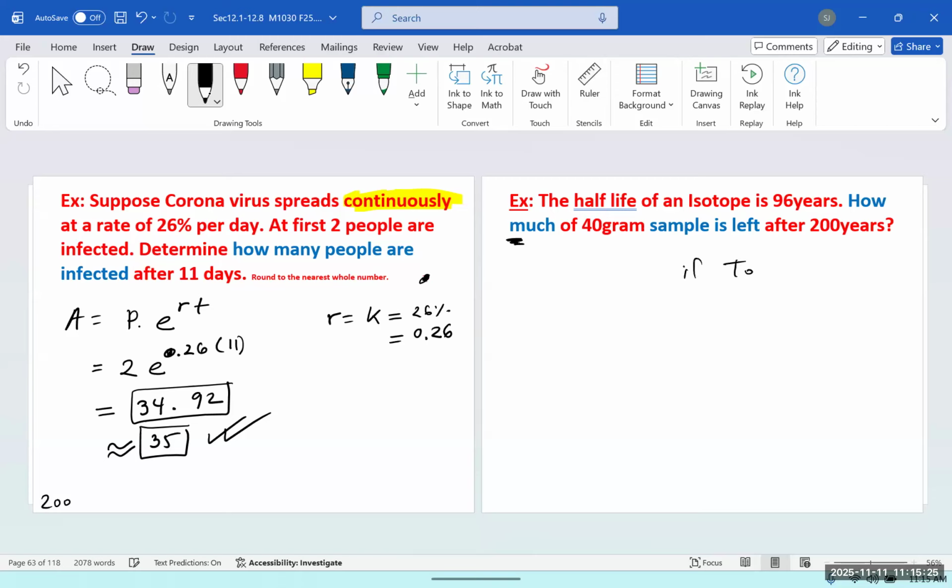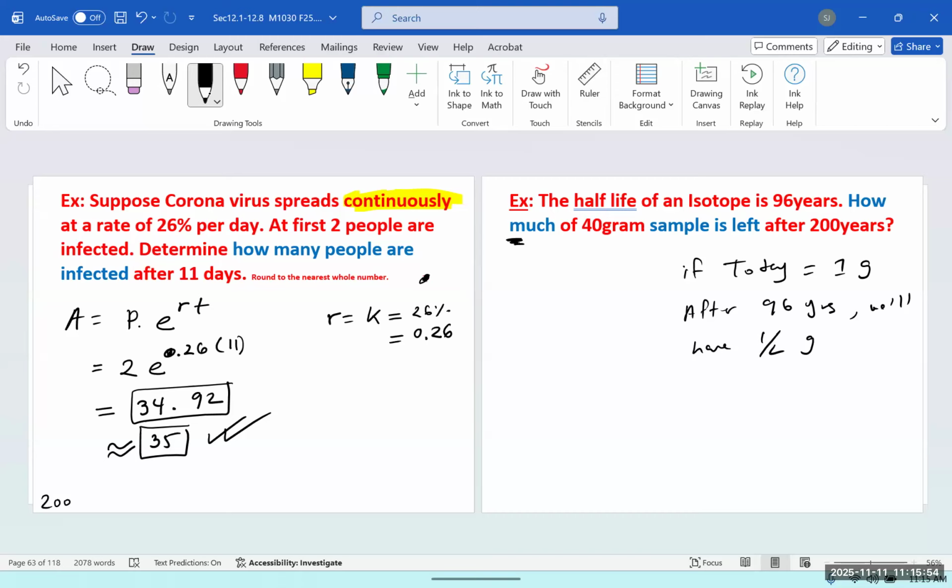Today, if we have 1 gram of something, after 96 years we will have 1/2 gram. The half-life of 96 years is a long time. How much of a 240-gram sample is left after 200 years?